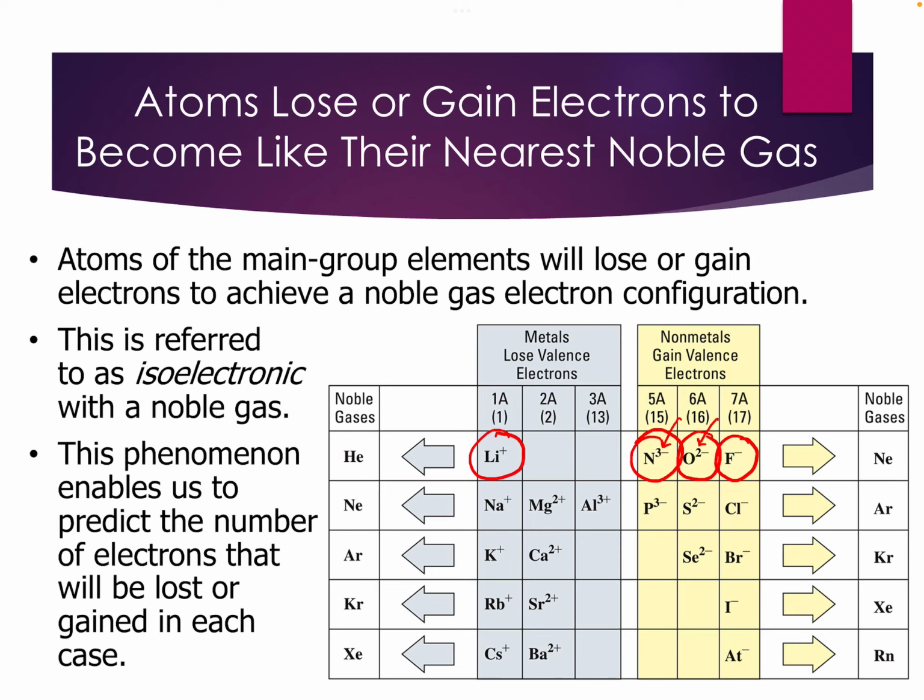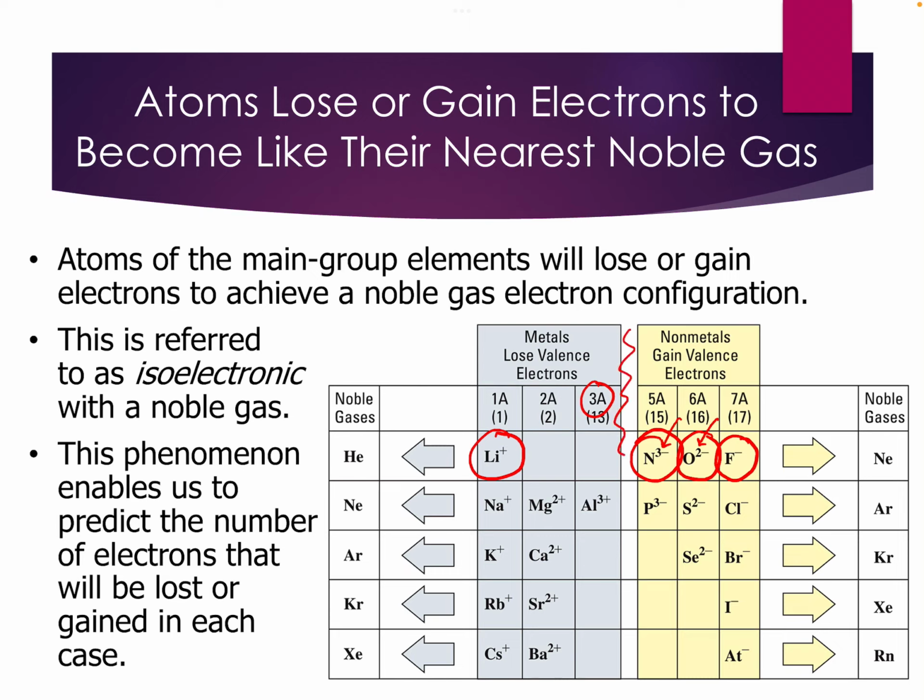So the number of valence electrons will tell us how many electrons our atom needs to gain or lose to become like the nearest noble gas, right? If it has 3 valence electrons, it will lose 3 to become like its nearest noble gas. If it has 5, it will gain some to become like its nearest noble gas. Okay?